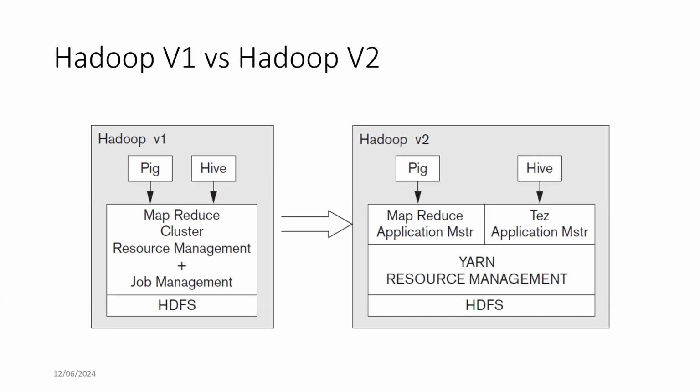One of the changes you can notice here is the YARN module. And then on top, usually you have MapReduce. So there's no change there.